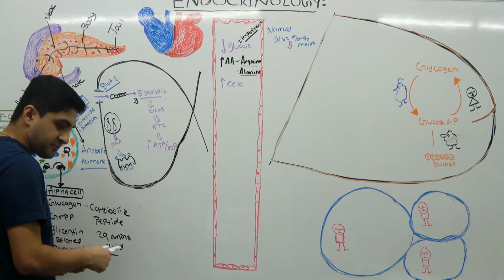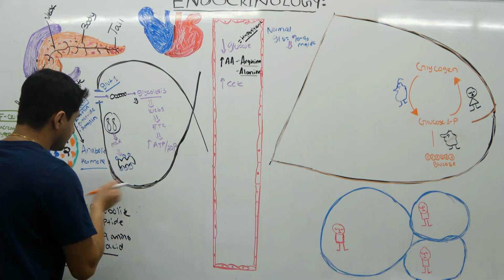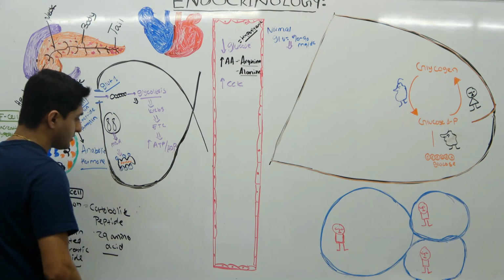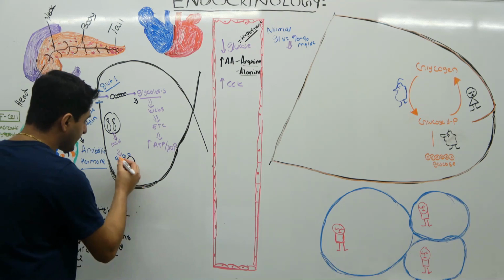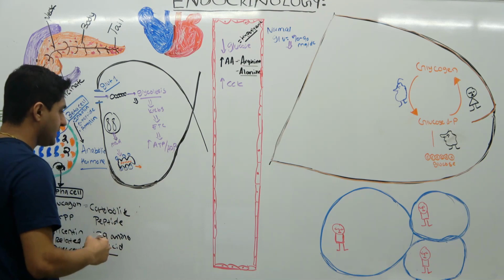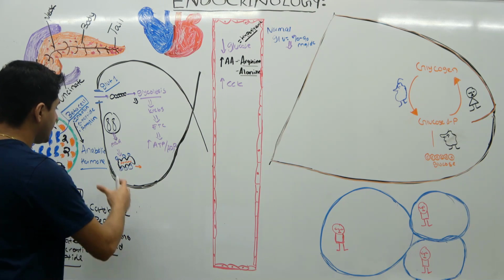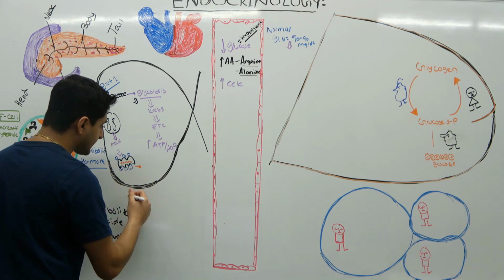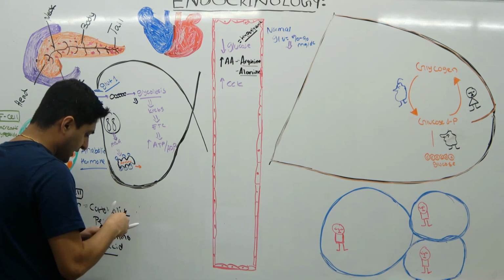For our case, we'll say this is pro-glucagon, and then they go through different cleavage processes in your endoplasmic reticulum, get packed, and then they bud off.